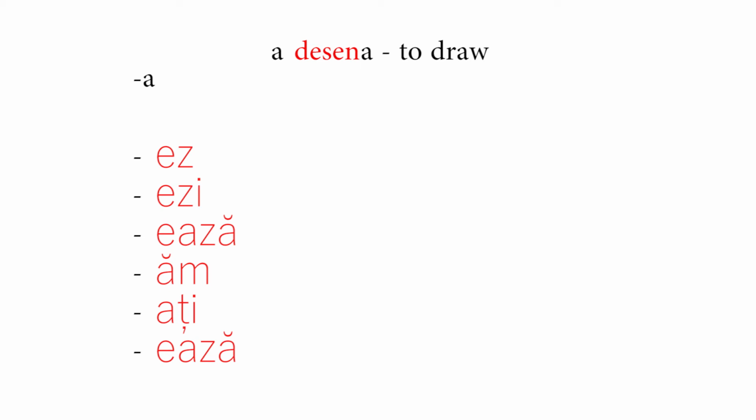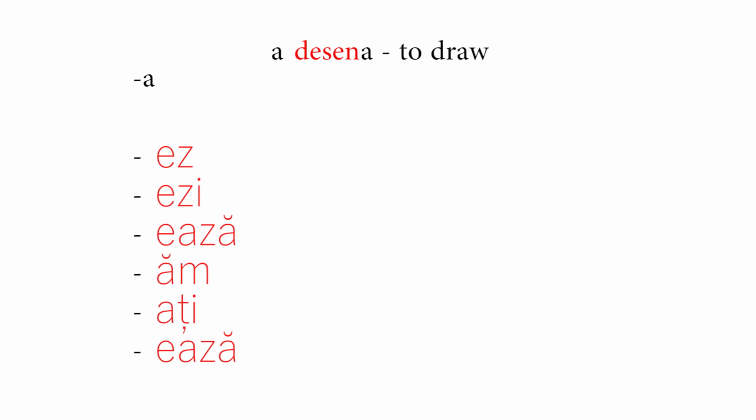I forgot to mention how you conjugate it. Basically you take the root of the verb and you add everything that's in red. So the root here is desen, and you add ez or ezi, depending.